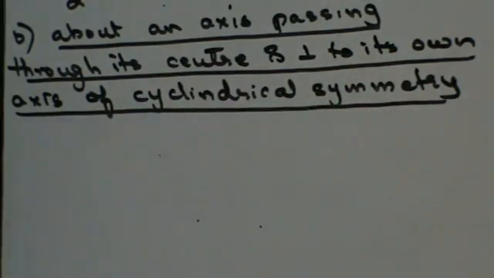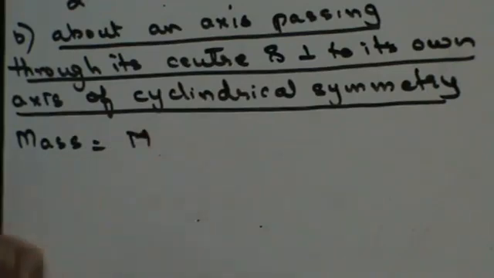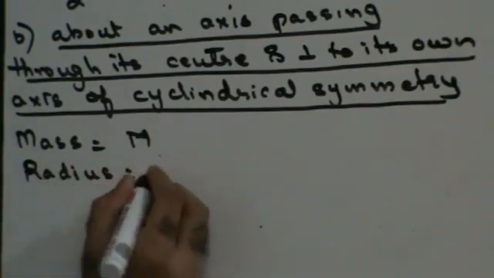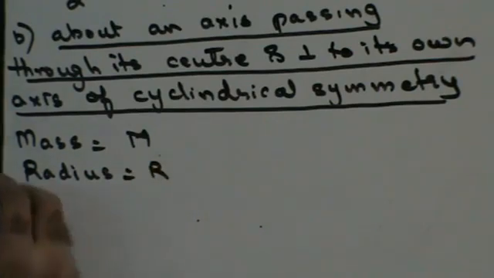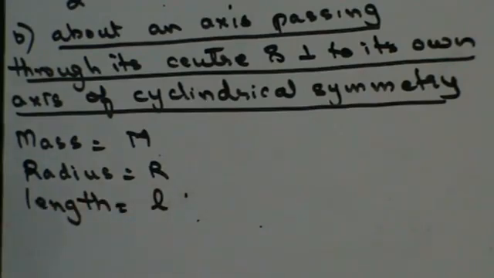Let's assume that the mass of the cylinder is m, the radius of the cylinder is r, and the length of the cylinder is l, right?